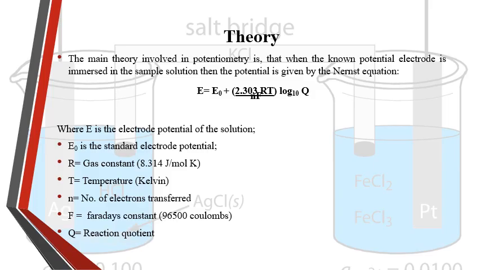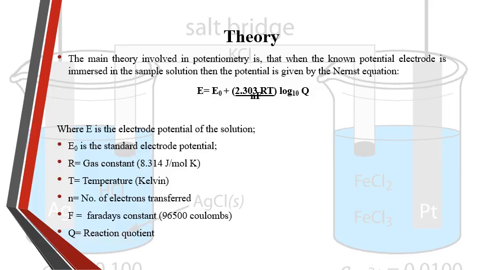The Nernst equation, which is E equals E naught, as you can see in the equation here, E equals E naught plus, in bracket, 2.303 RT over nF log10 Q. Here is the breakdown of each term in this equation.